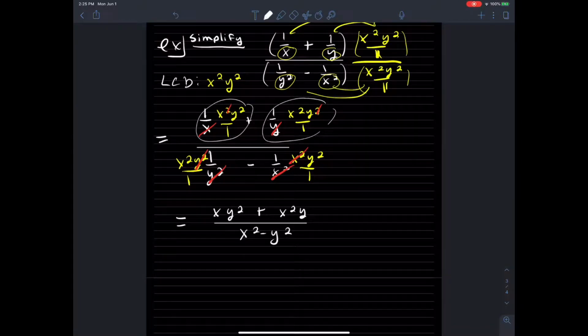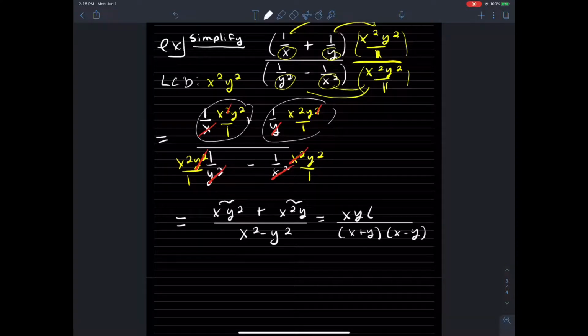We're not done. We have to simplify. How do we simplify? We factor, and like before, this is x plus y times x minus y. It's our difference of squares. Here we have common factors. The common factor is x is in each of the terms and y is in each of the terms. What's left?